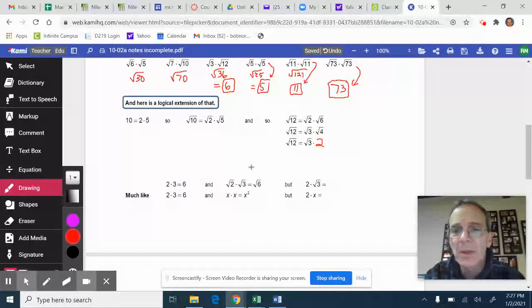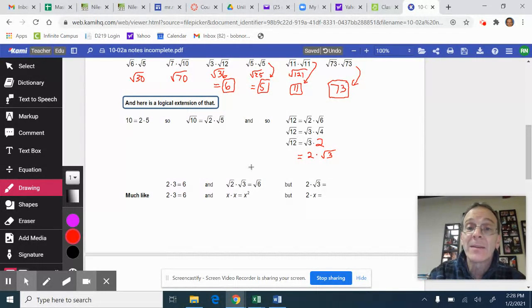These two terms are being multiplied together. Recall that the order of multiplication does not matter, and so I'm going to turn these two terms around, write the 2 first, and then times the square root of 3.